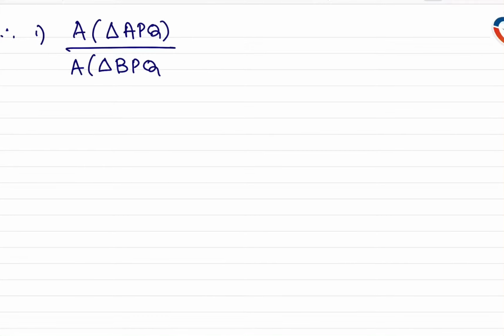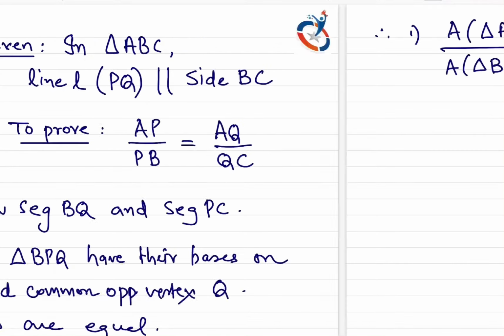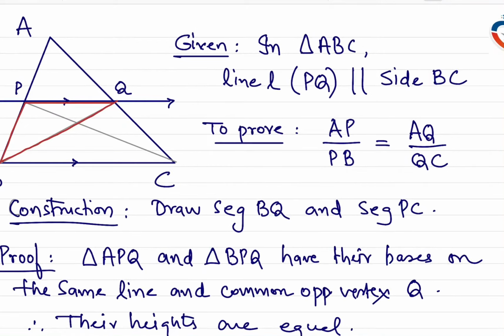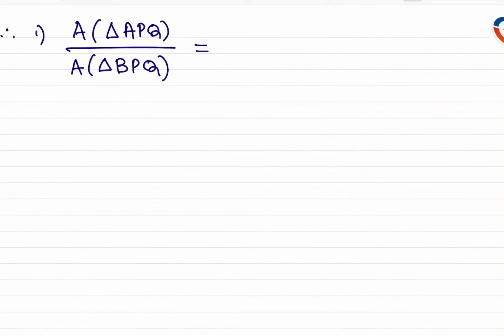So you can write, therefore, area of triangle APQ upon area of triangle BPQ will be equal to, their heights are equal, so we go for the corresponding bases. The bases are AP and PB, right? So that's equal to AP upon PB.